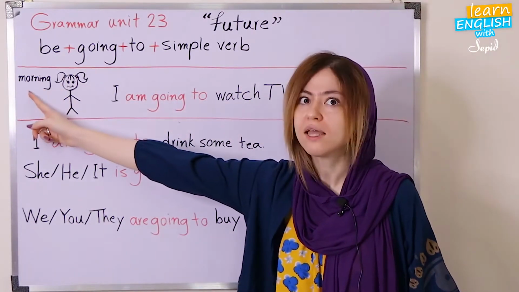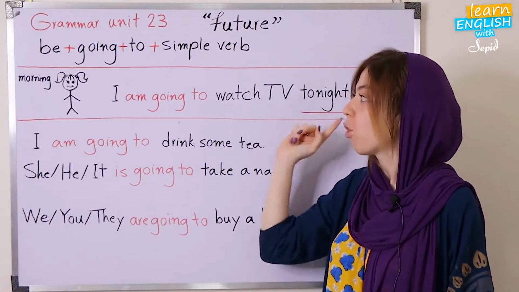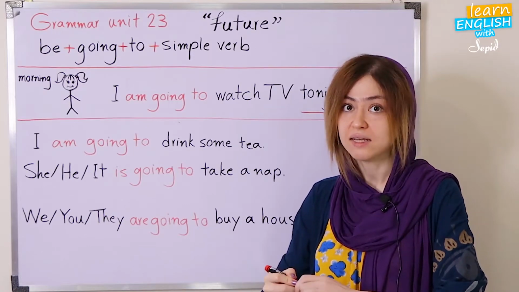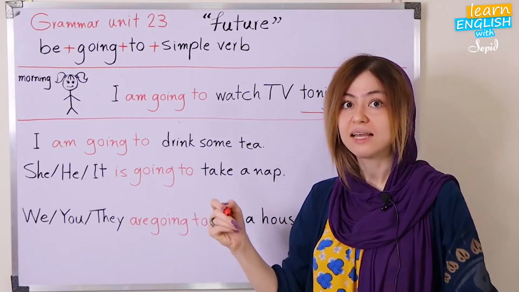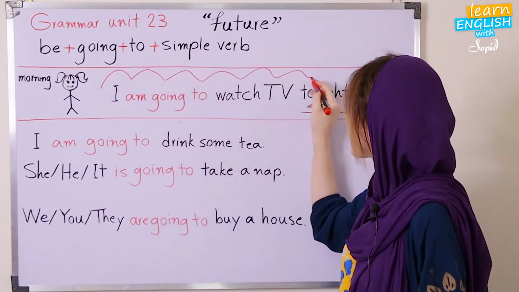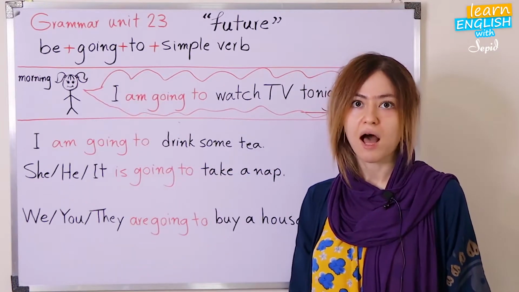Now, it's morning, but tonight is the future for Alice. So Alice is making a plan and she has an intention. This is her plan. This is what she is thinking about.